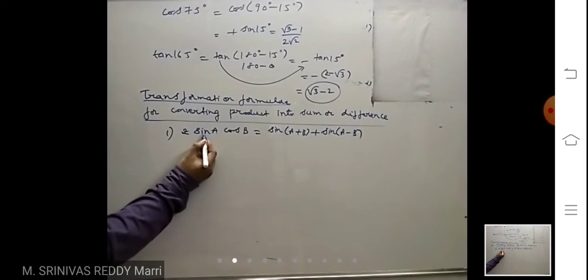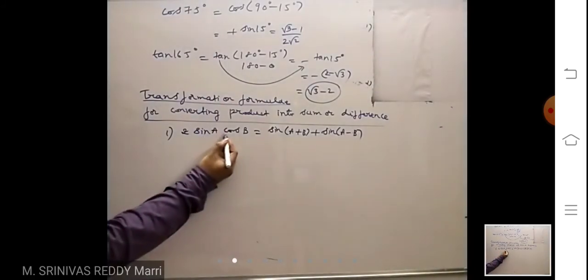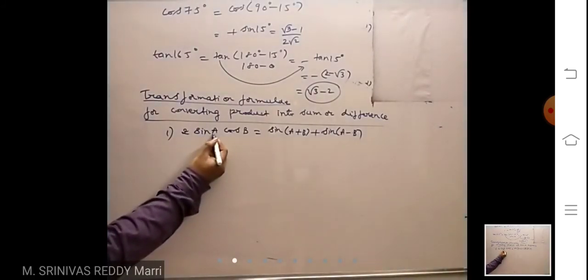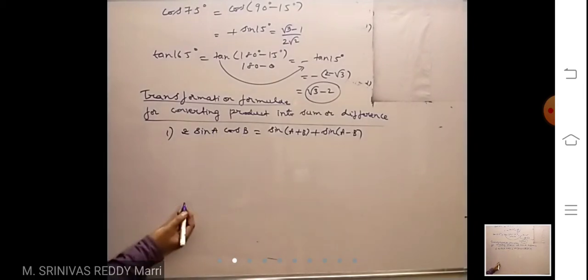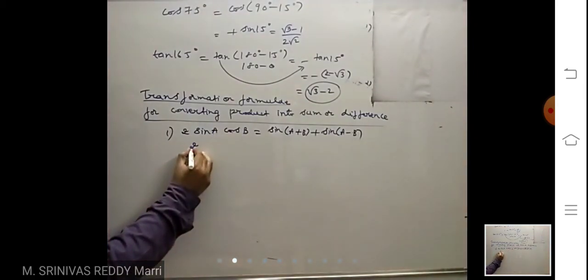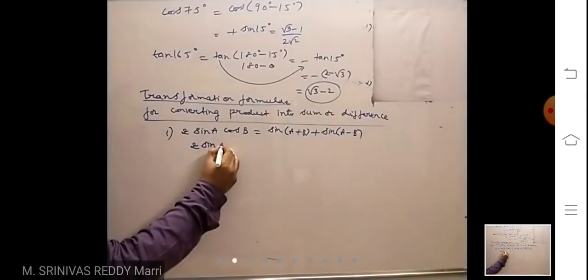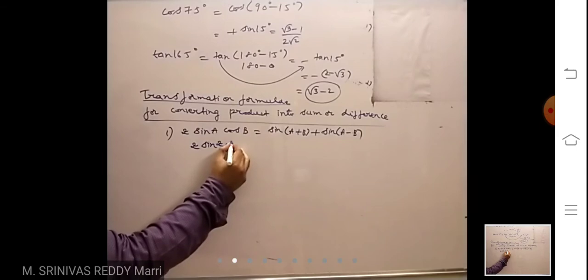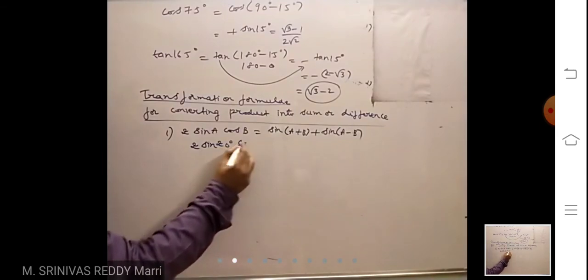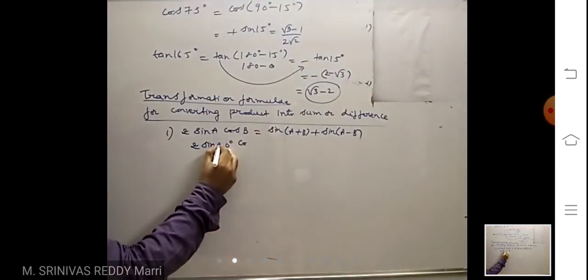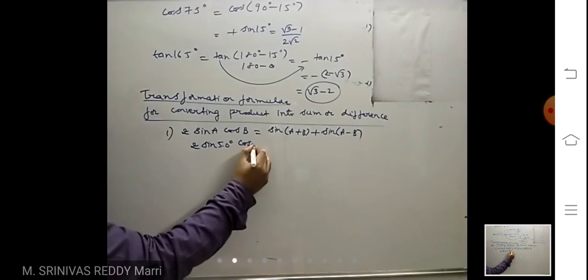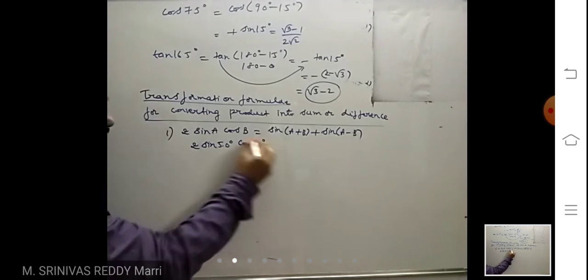Like that, whenever the product is there, first sine and then cos, whatever the angle inside sine, take it as A, and whatever the angle inside cos, take it as B. Suppose take an example: 2 sine 50 degree cos 20 degree.